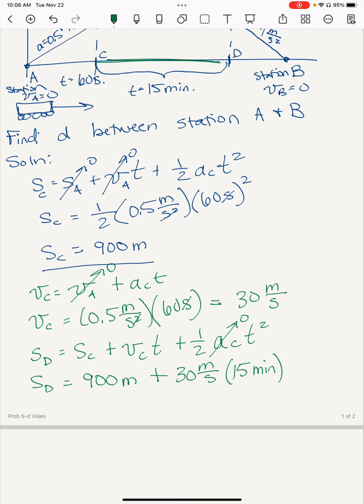Minutes and seconds don't work together, so we have 60 seconds per 1 minute. So minutes cancel out, and then the seconds cancel out, so we just get meters. I'm just going to calculate it. We get 27,900 meters.